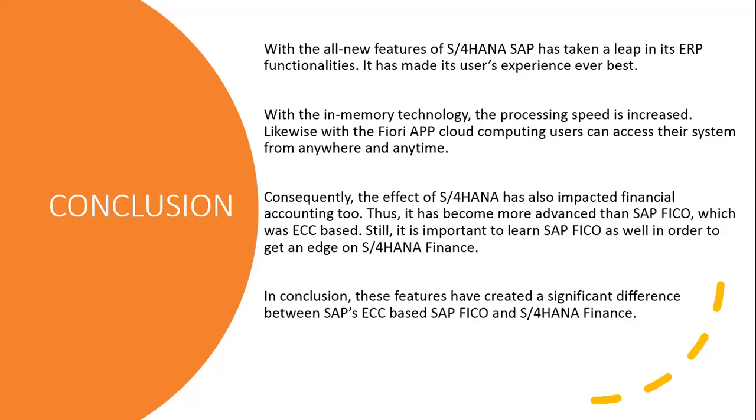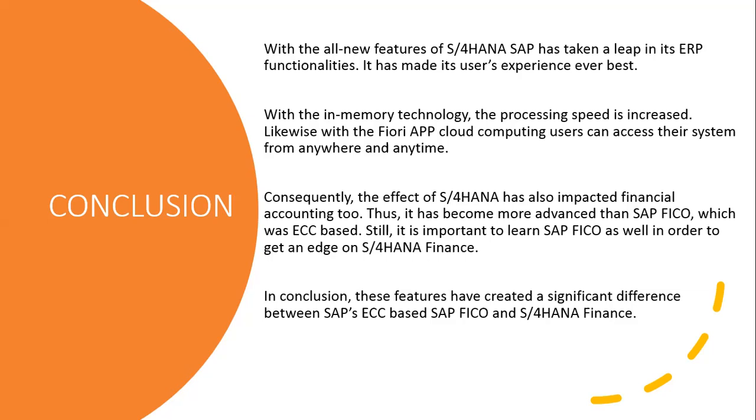We have the Fiori app that you can access from anywhere. You have the universal journal that handles the single source of truth. You have the compactivity. You have the scrapping of index tables and aggregate tables. These are major changes. Consequently, the effects of S4 HANA have also impacted financial accounting.